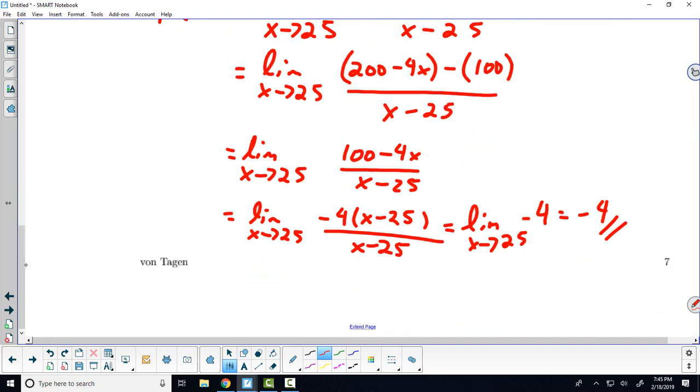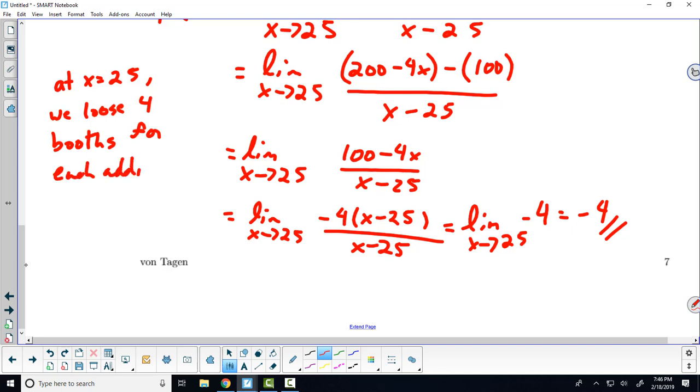So the interpretation of this is at x equals 25, we lose 4 booths for each additional dollar that we charge. Okay. This was not a very complicated function, and in fact, no matter what x had been, we would have gotten minus 4.